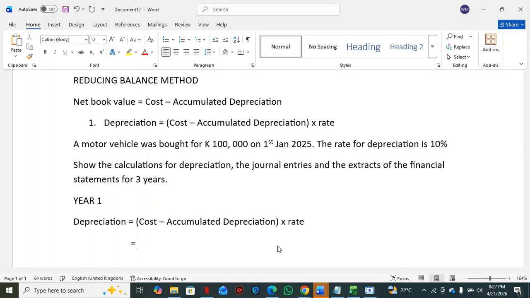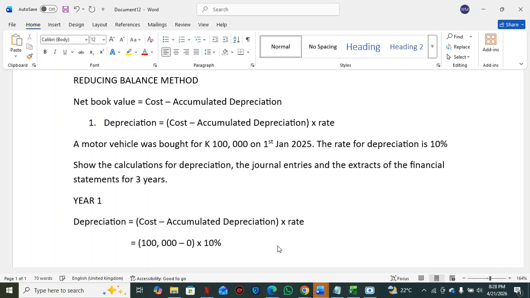The cost is 100,000. There's no accumulated depreciation for the first year, so it's 0, multiplied by the rate, which is 10%.